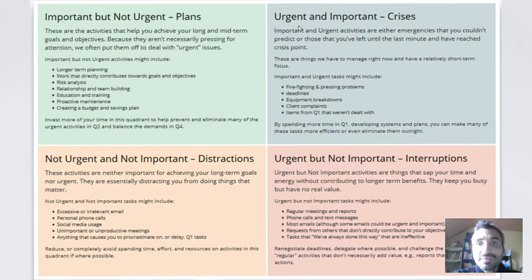Then the important and urgent, you have to do it right now because it's important and urgent. So do that now, and later go for that. Here, not urgent and not important, and urgent but not important. So for urgent but not important, think about delegating.